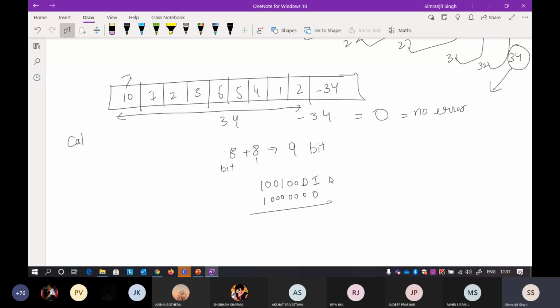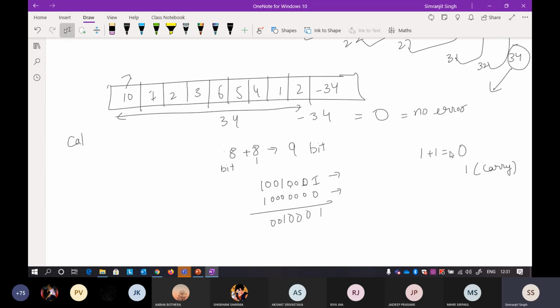When you're performing the checksum of this number and this number, which I already told you will be in binary, it will happen something like this. You have to do the addition. Now what is the addition of it? 1 plus 1 is 0 and there is 1 carry. This is the binary addition rule.